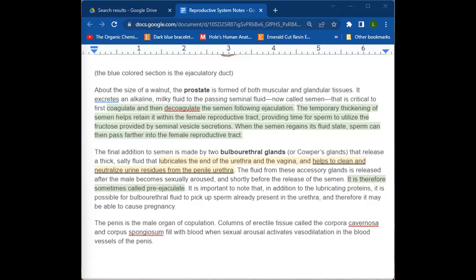Basically, for the coagulating, once the sperm are inside the female body, their goal is to find the egg. They're not going to be able to find the egg if they come back out. So the coagulating proteins are there to help the sperm stick and stay inside the female body.